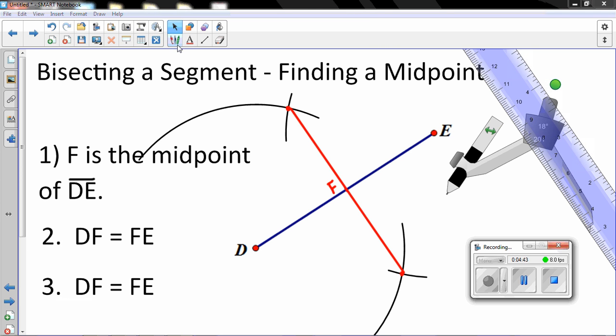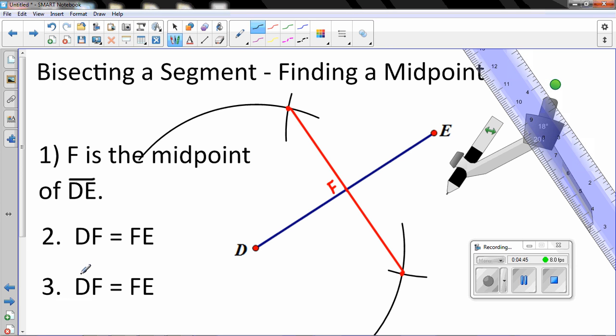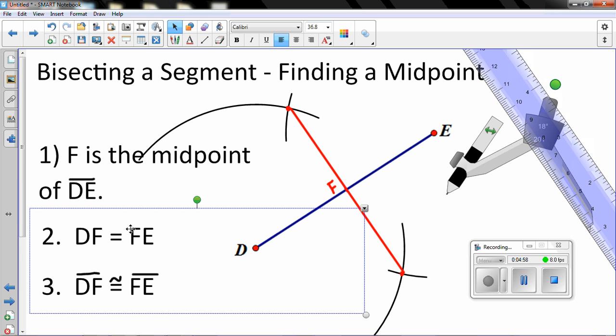And if I say that the segments are congruent, then I need to be sure to use my segment marks and my congruent sign. So I say that distances are equal, like on option number 2, or on option 3, segments are congruent. Okay? Very nice. That's it.